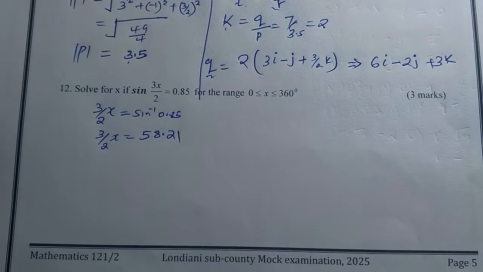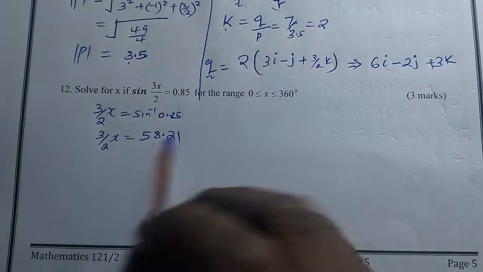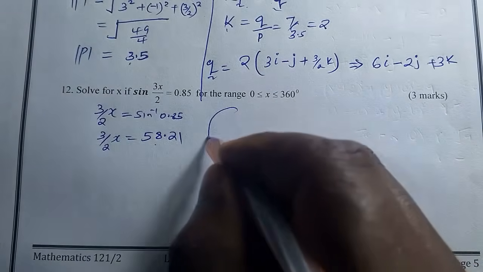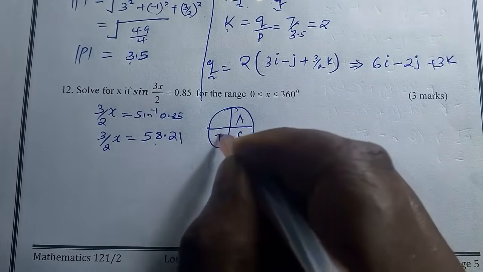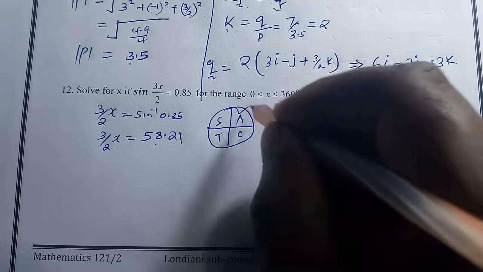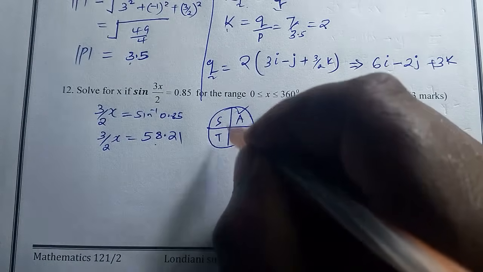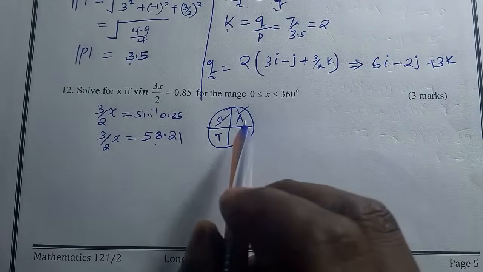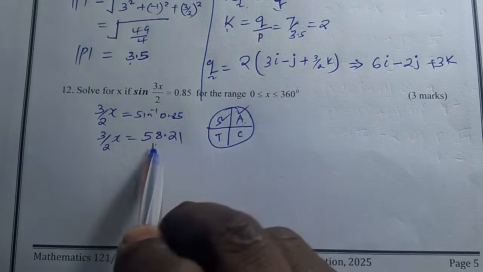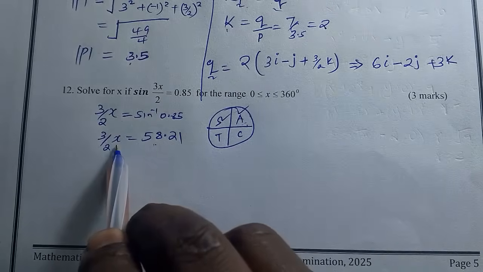So our angle is this one, and we are using ASTC. Our angles are found in the first quadrant and the second quadrant, where the sine is positive only. So when 58.21 is found inside here, we can get the value of x.